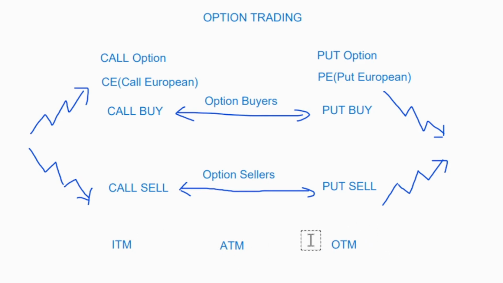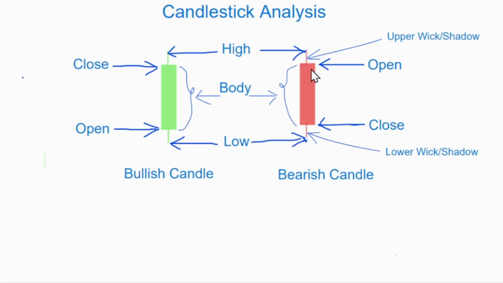If you take a trade in OTM, it is risky only. On the expiry day, all the strike prices at OTM, those premiums will become zero. That is the reason that for the safer side we can take a trade on ITM and ATM.